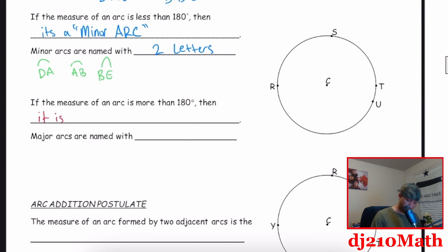And we use three letters. So two letters, minor arc, less than 180. Major arc, three letters, more than 180. So for instance, more than 180 degrees.